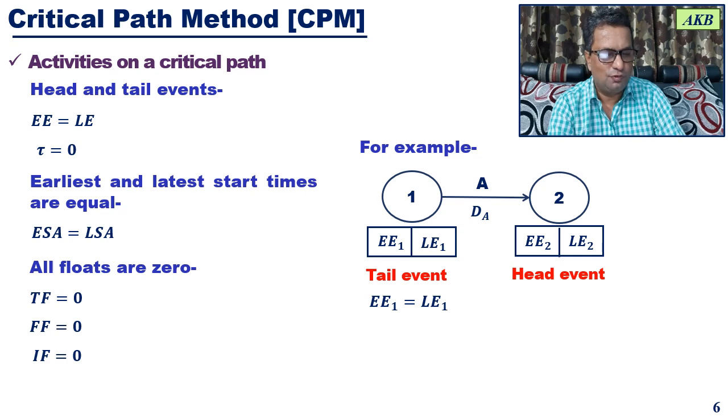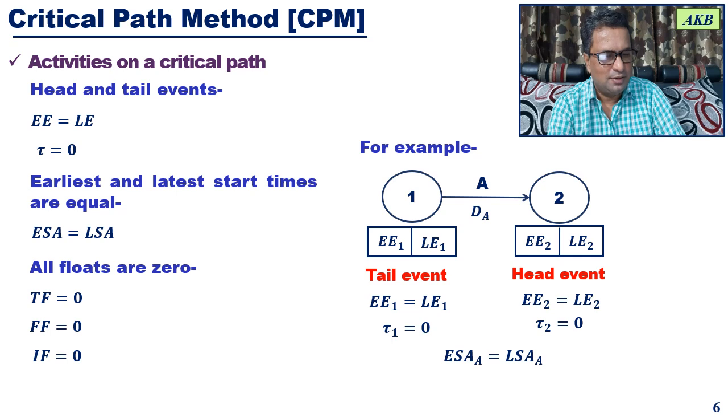For the tail event, if earliest event time is equal to latest event time, and for the head event again earliest event time is equal to latest event time, that is, slack for the tail event is 0 and slack for the head event is 0, then the activity connecting these two events will lie on the critical path.